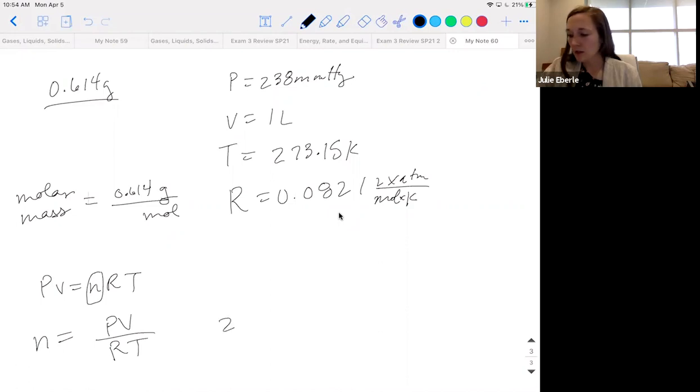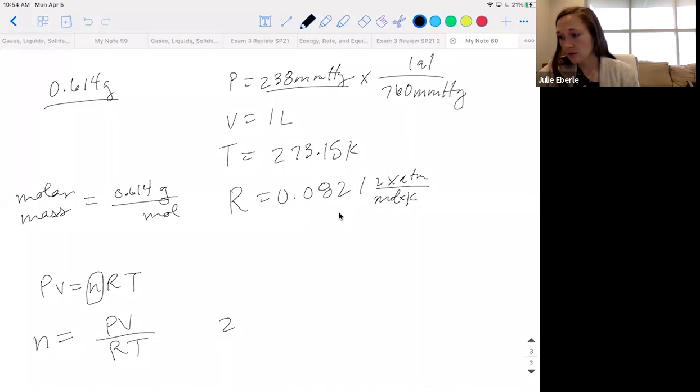It should be, oh, but wait, we've got to convert this to atm first, which we actually just did a practice on too. So it should be around 0.4 atm or around that. What do y'all get? 238 divided by 760.